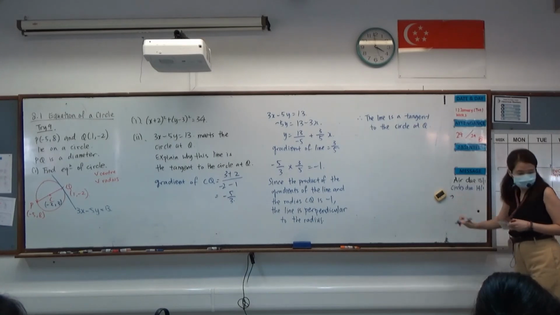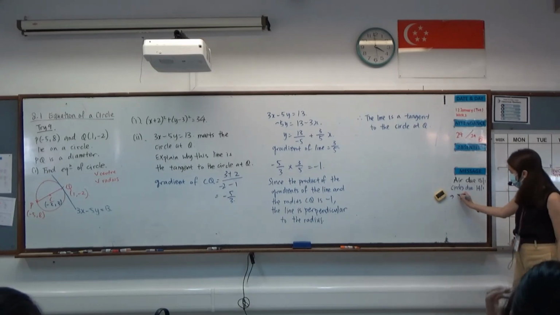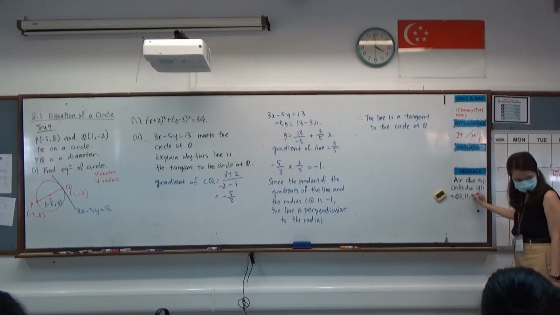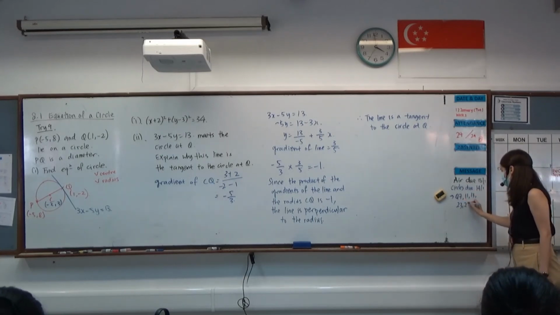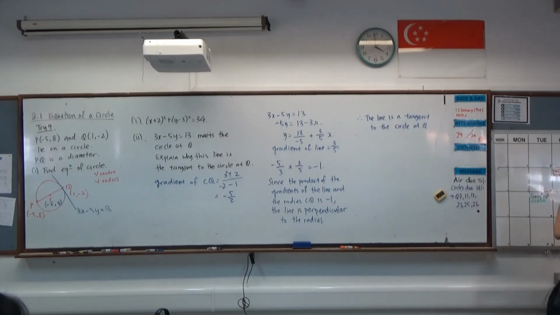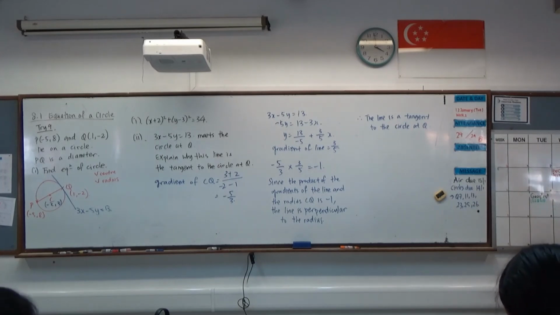So homework questions 7, 11, 13, 23, 25, 26. Okay, so 6 questions, right? It may require some thinking. So long as you rely upon your tangent perpendicular radius, and perpendicular bisector of circle, and draw your diagram, you will definitely be able to do it. Okay? Yes.